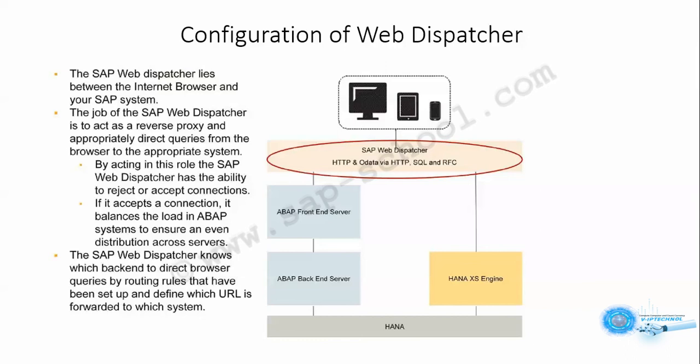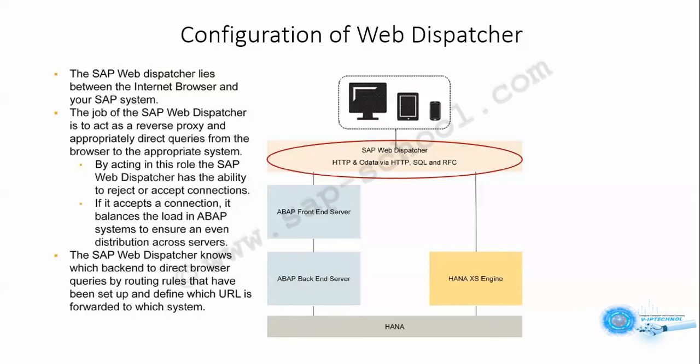It is the entry point for all the HTTP requests into our system, which contains one or more web application servers. In the SAP Fiori analytical app landscape, we need to communicate with both the web front-end server and the SAP HANA system through a browser.